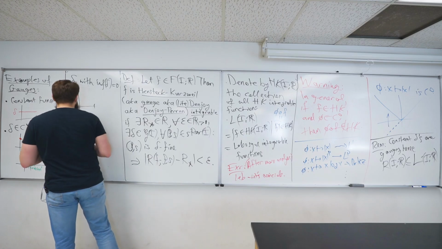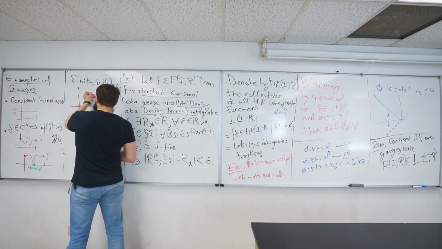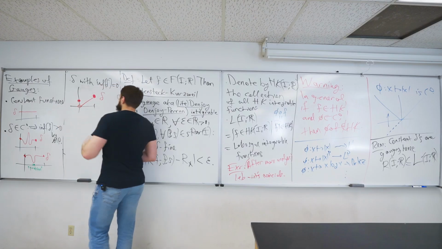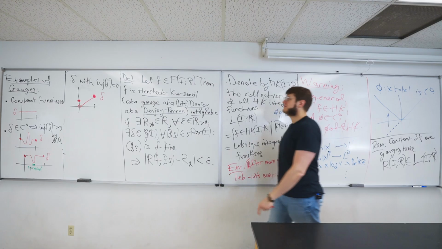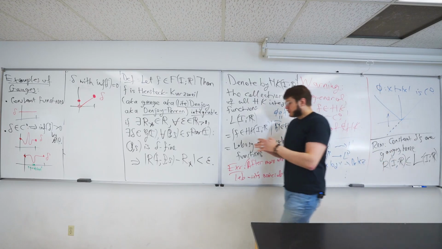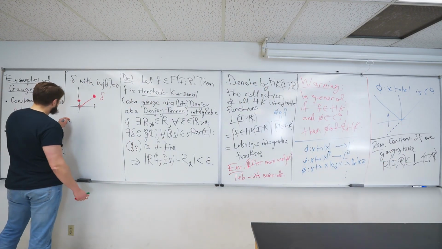So I can have something like this. The inf of this delta is 0. And it could have multiple discontinuities. It could be a crazy function.